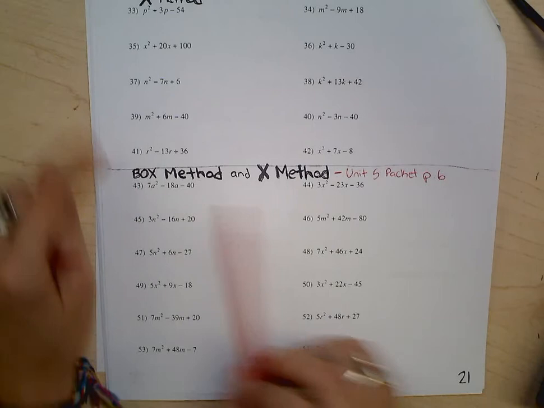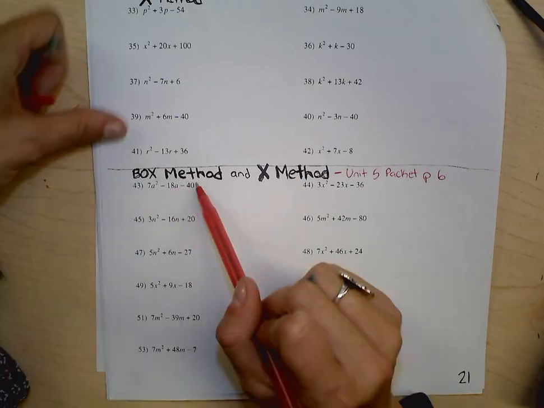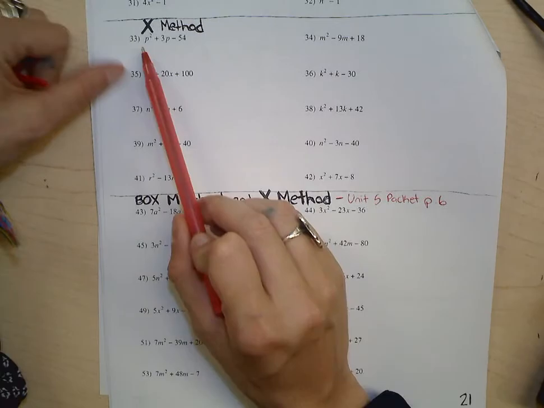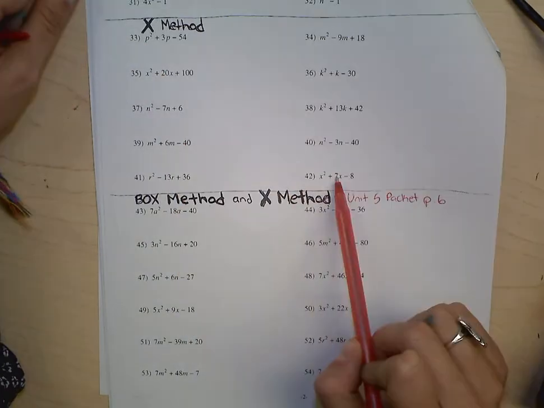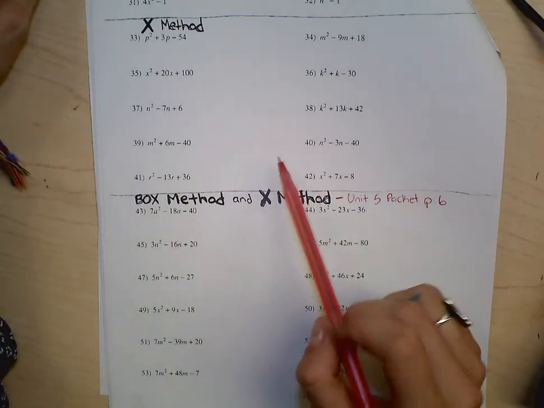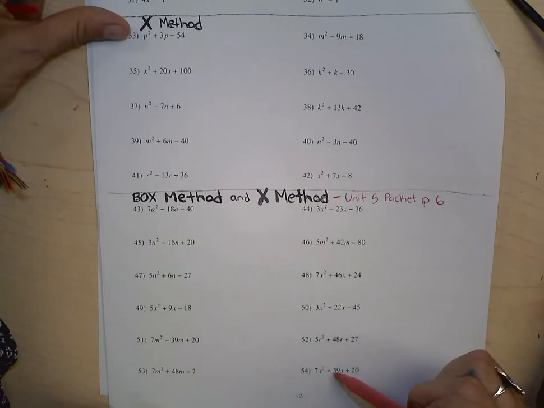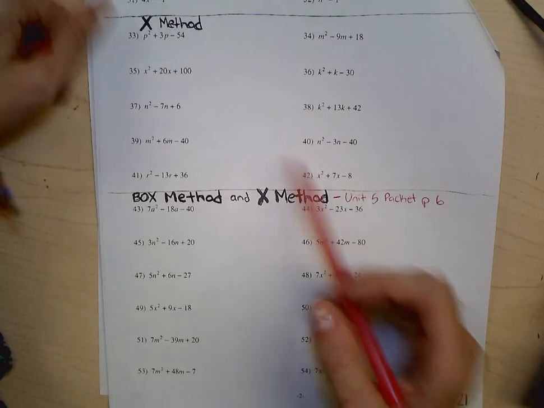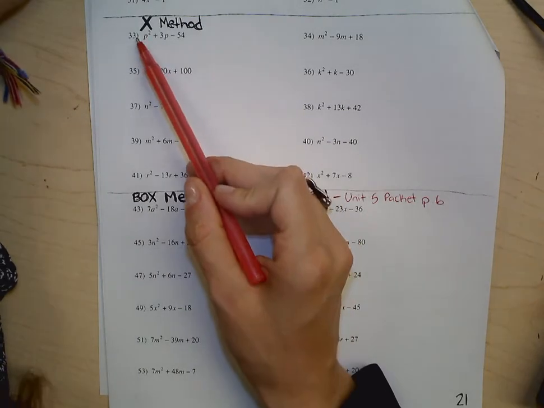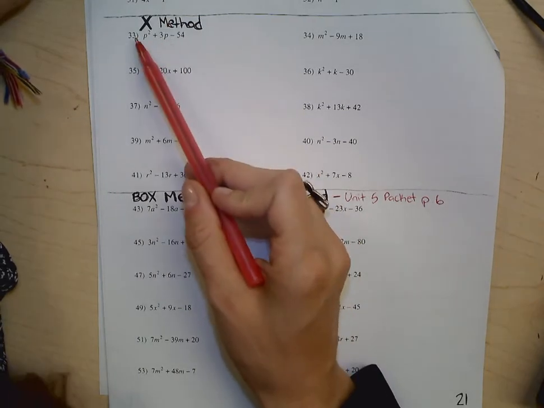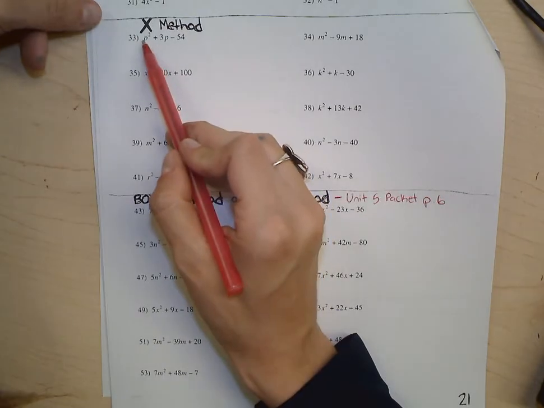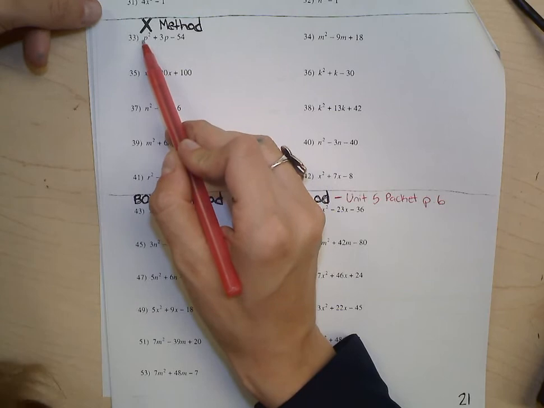Now, the question is, when are we going to use the box method versus when are we going to use just the X method? Because in problems 33 through 42, we could just use the X method. But in problems 43 through 54, we have to use both methods. The reason for that is for problem numbers 33 through 42, the coefficient in front of the squared term is always 1.